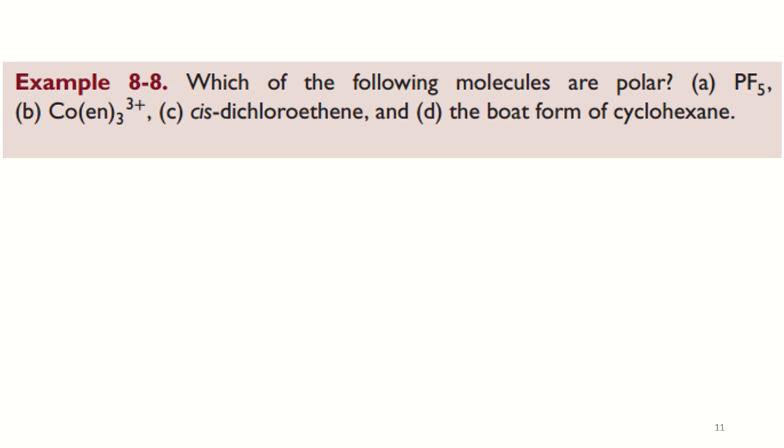For the fourth molecule, which is the boat form of cyclohexane, we have already discussed cyclohexane in chair form in detail, and we also discussed the boat form in detail. So we have a quite clear picture of cyclohexane in boat form in our mind. Do you remember the different possible symmetry operations present? Try to remember, try to draw.